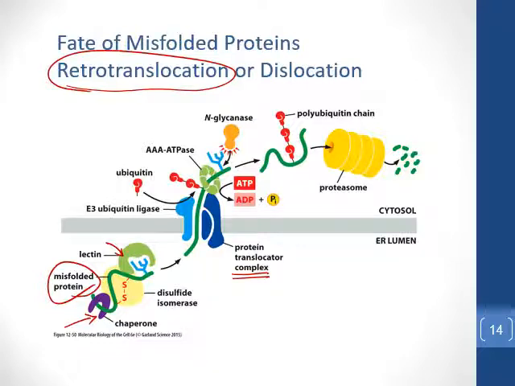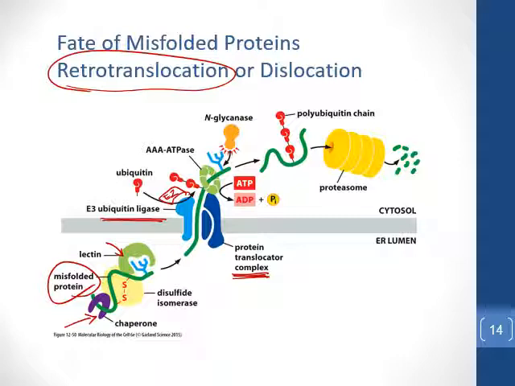Now here's the amazing thing. Associated with the protein translocator complex is an E3 ubiquitin ligase. So what's that E3 ubiquitin ligase going to do? Well, remember what E3 does. E3 transfers ubiquitin from E2 over to the target protein. So this doesn't show this, but you would have to have an E2 here as well. But E3 is actually part of the translocator complex.